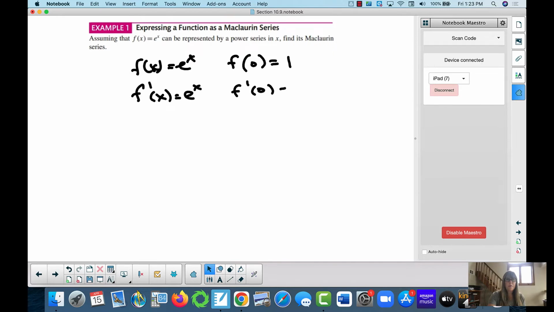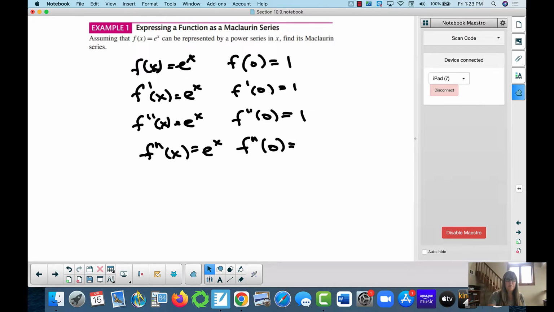So again, evaluating that derivative at 0 gives us 1. And this continues for each order derivative of e to the x. So we can say that no matter what the order is, if it's the nth order, we're going to get e to the x, and evaluating that will give us 1.